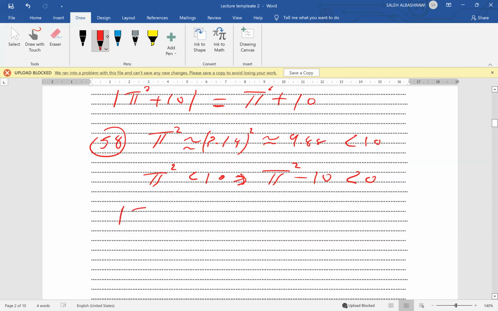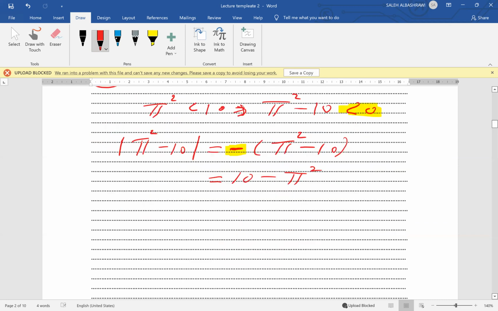So the absolute value of pi square minus 10 is negative, so it can be written as minus pi square minus 10. Because it is negative, we have to multiply by negative to make it positive. Or I can just write it as 10 minus pi square. So it is 10 minus pi square.